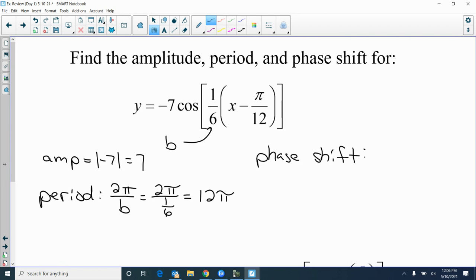Don't you have to set 1/6 times x minus pi over 12 to like 2 pi? No. All you have to do is look at that right there. And remember, it moves it left or right. It's kind of opposite. If it's a minus, it's going to move it to the right. So it's going to go right pi over 12.